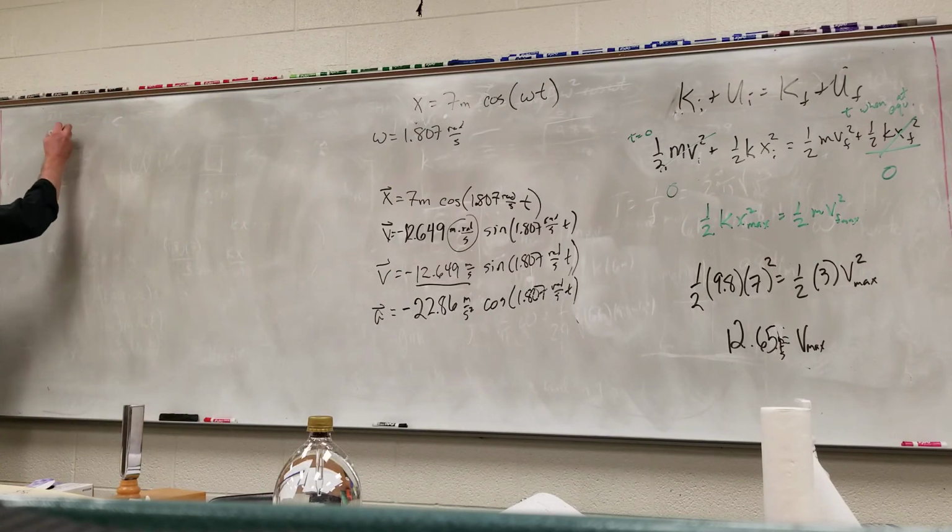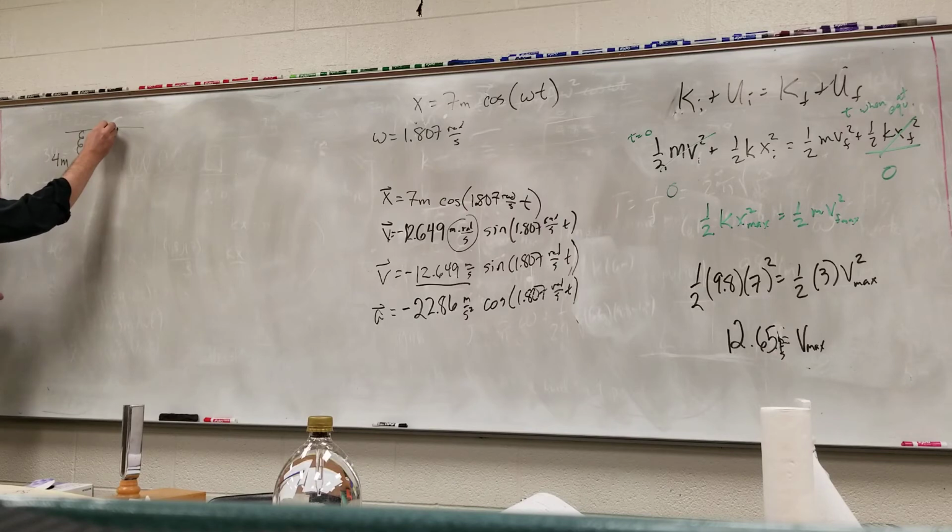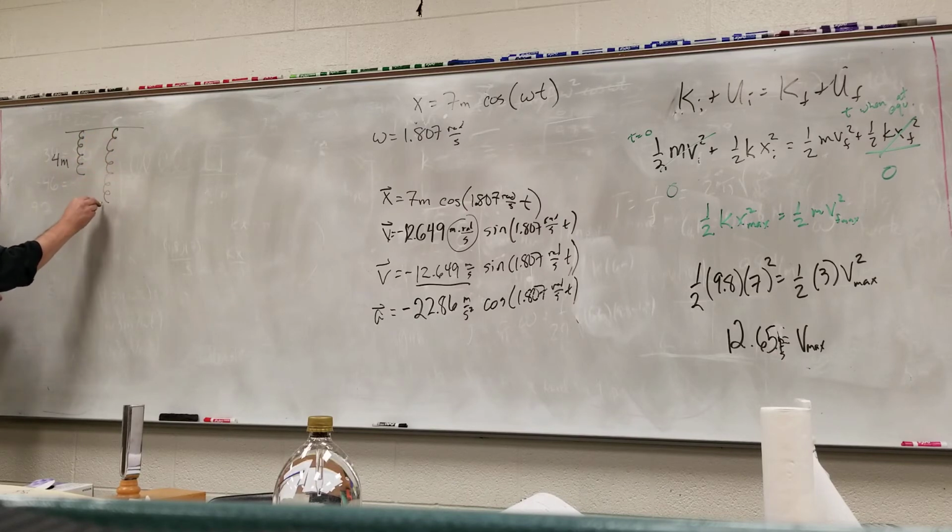Let's take that same spring, naturally hung down, I think it was 4 meters. Now let's put the 3 kilogram mass on it vertically. How far is it going to stretch now?